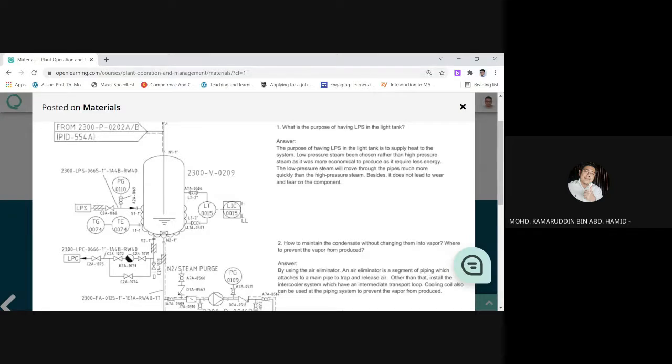Another thing is the con. When you have this kind of vessel or buffer tank, your dynamic process may have some lagging, some delay. Having a lagging and delay in your dynamic system basically will decrease your dynamic performance.